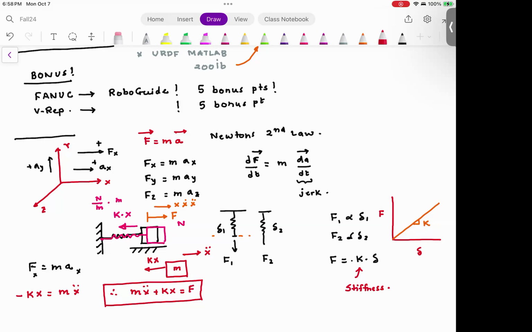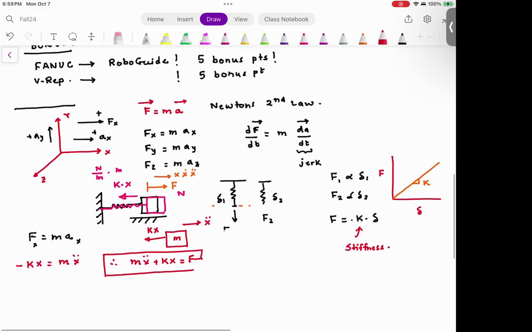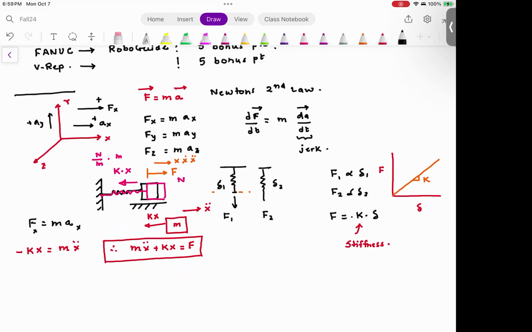So now I want you to understand this is called the differential equation of motion. m x double dot is the inertia term, and kx and F are the forces. This is the force in the spring, which is actually an internal force, and F is the external force that I have applied. Now, why is this called a differential equation?